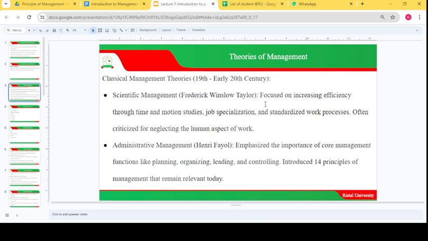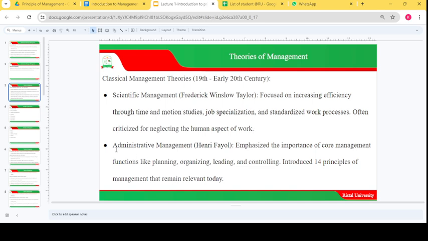He focused on increasing efficiency through time and motion studies, job specialization, and standardized work processes. He is often criticized for neglecting the human aspect of work.